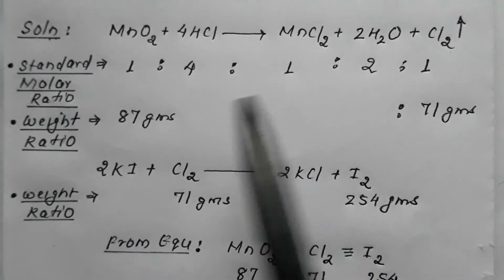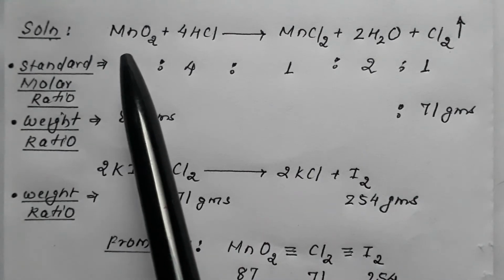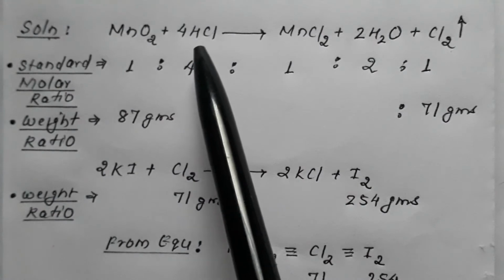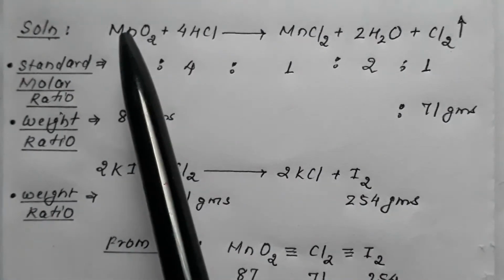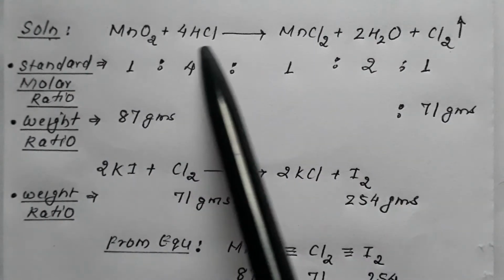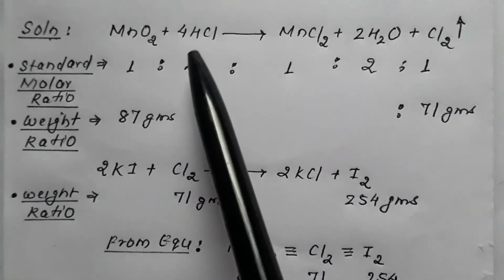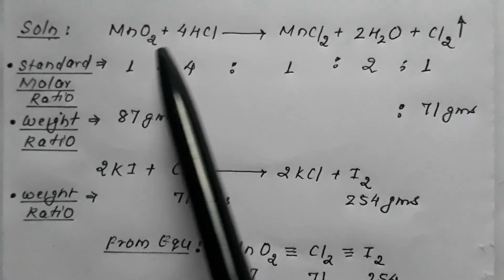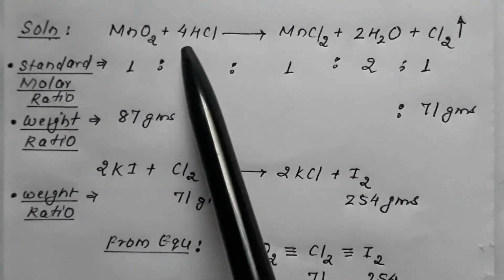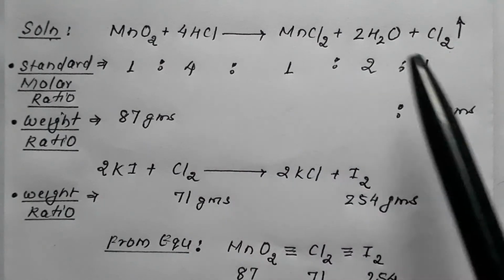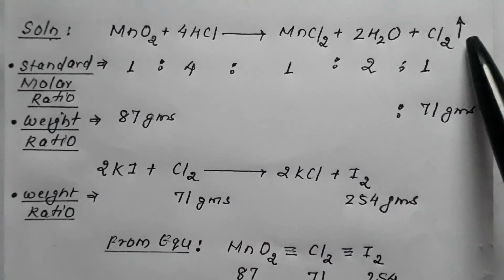If I balance this reaction, it would be MnO2 plus 4HCl, of which 2Cl combine with Mn to form MnCl2. Out of 4Cl, 2 combine with Mn to form MnCl2, and 4 hydrogen and 2 oxygen form 2 molecules of water. We are left over with 2 chlorine, which is given out in the form of chlorine gas.